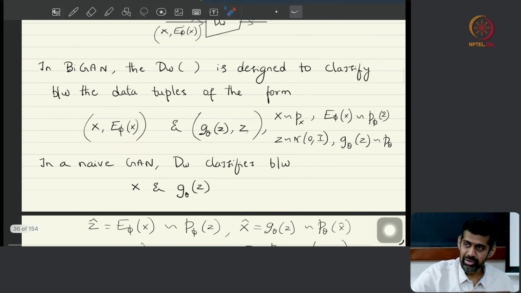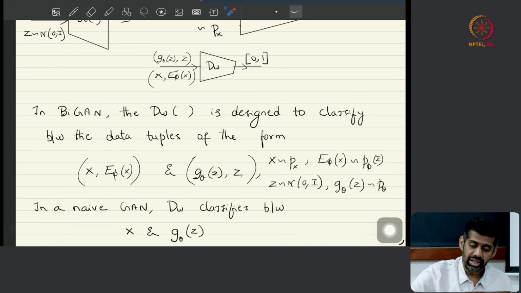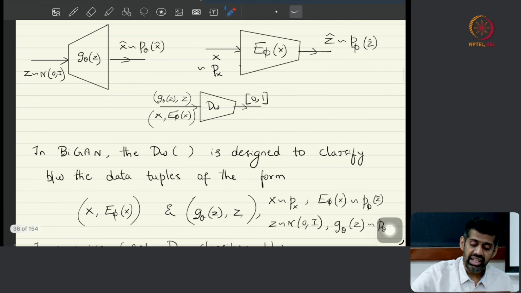So what is done in bidirectional GAN is that you make your classifier classify between tuples. What sort of tuples? It takes a generated G_theta and the corresponding z, which is an input to the sampler, that is one pair. The other pair is the true data x and the output of the encoder. What do we need now? We need the joint distribution between x cap and z to match the joint distribution between x and z cap, is not it?